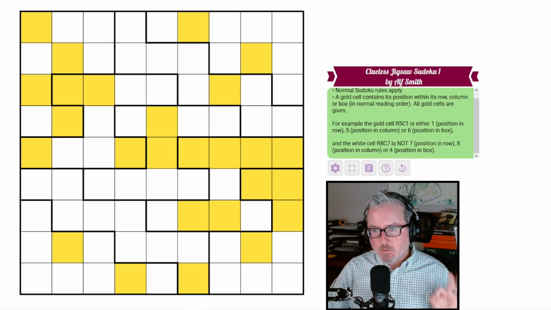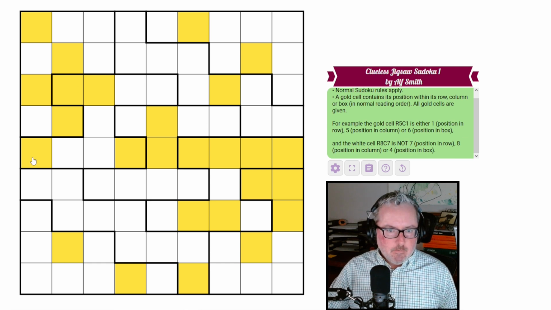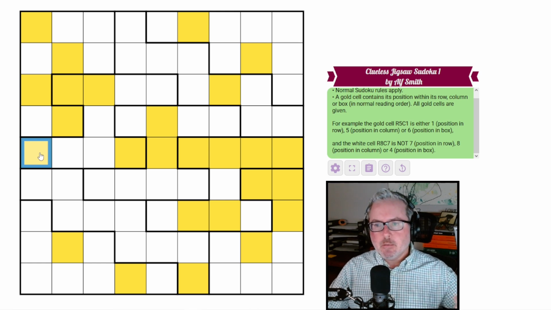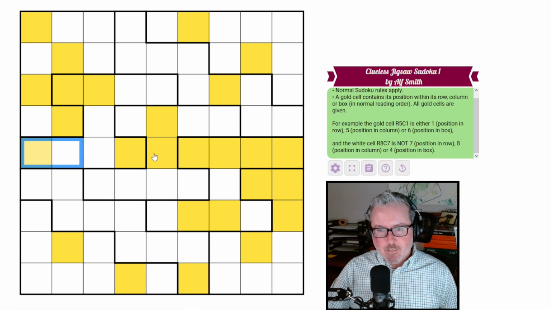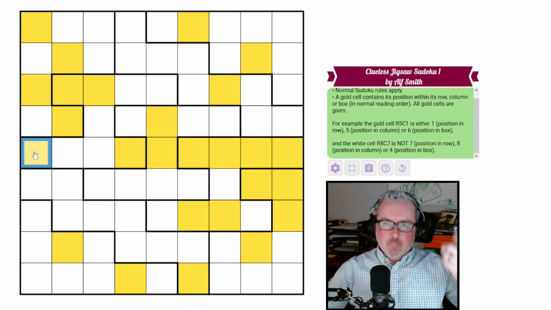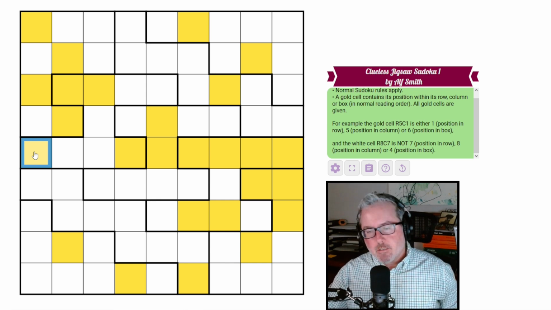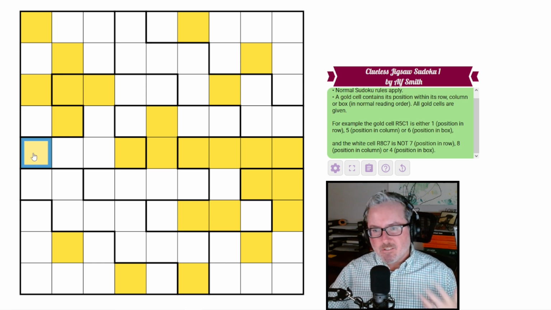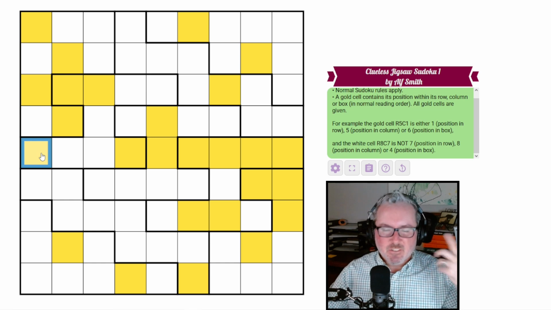For example, the gold cell in row 5, cell 1, is either 1, position in its row. Well, you can think about it that way. It means the same thing. It's either the position in the row or which column it is. Both tell you the exact same information. They just prefer to look at it from that perspective. I'll probably just go through with rows and columns because that just makes more sense to me and keeps it straight.